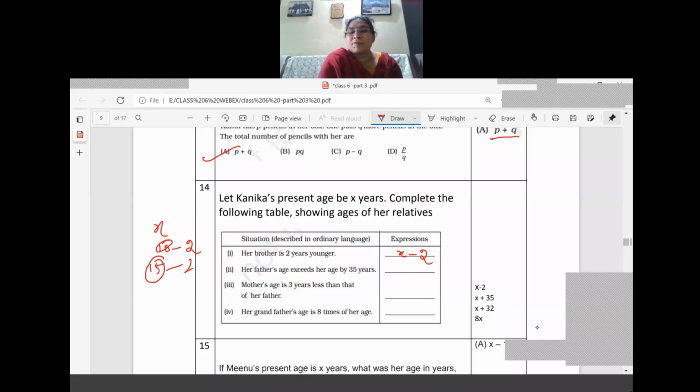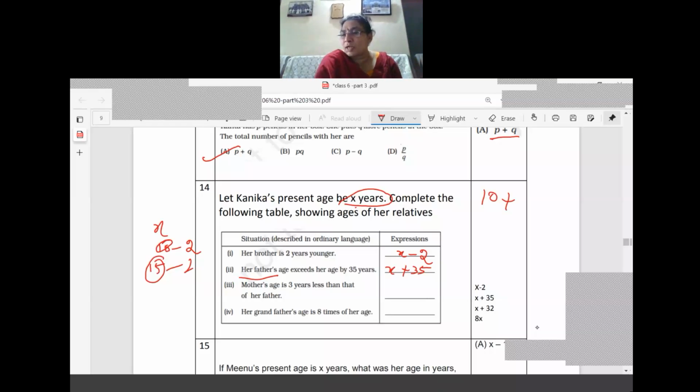Now what happened to her father's age? It exceeds, means more. It is more than her age by 35 years. So we already decided her age is X, right? So 35 will be added to X only. Now for example, your age is 10, you think. Your father's age is 35 years more than you.